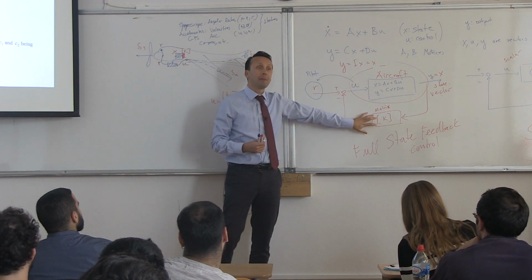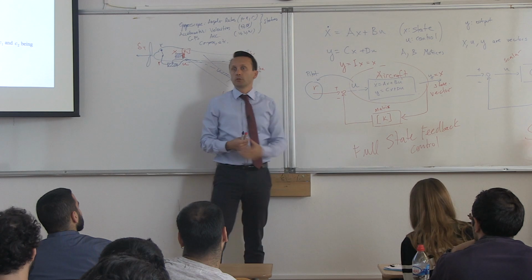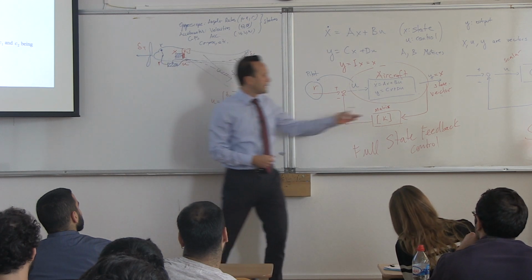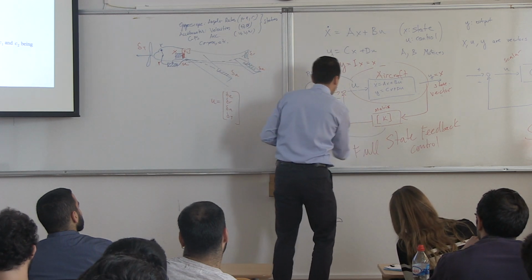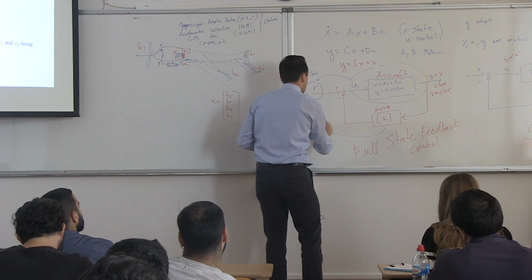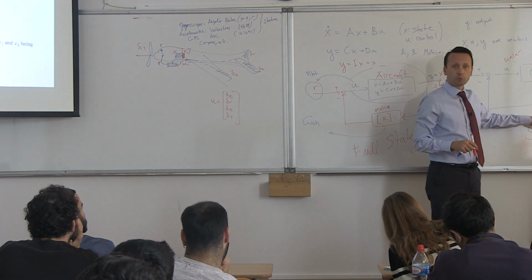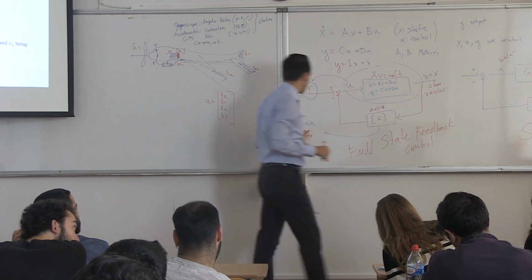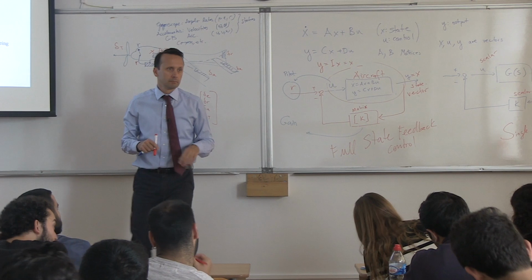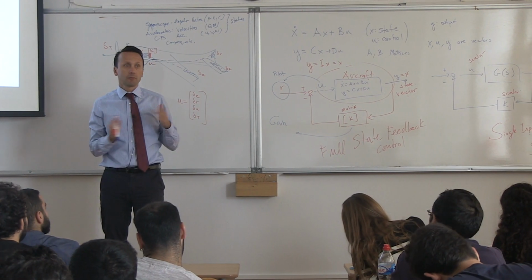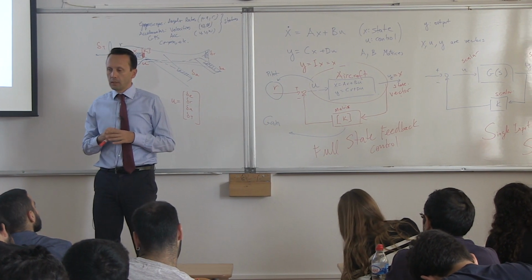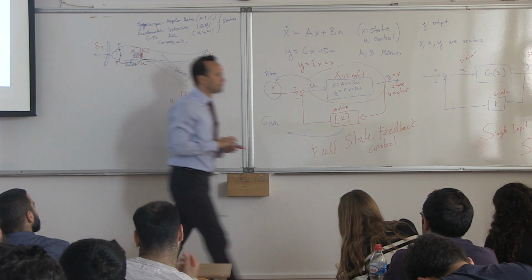This gain might change. So we call this gain scheduling. This is typically the gain, okay? We call it the gain. And in this case, it would be the gain matrix. Here it would be just the controller gain, and here would be a gain matrix. Okay, we'll talk about this more later. All right? So it might change from flight condition to flight condition. So where is this all coming from?